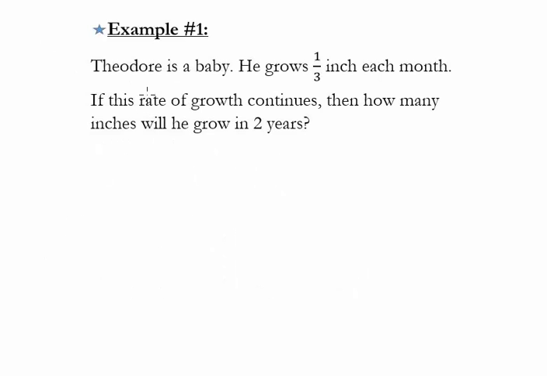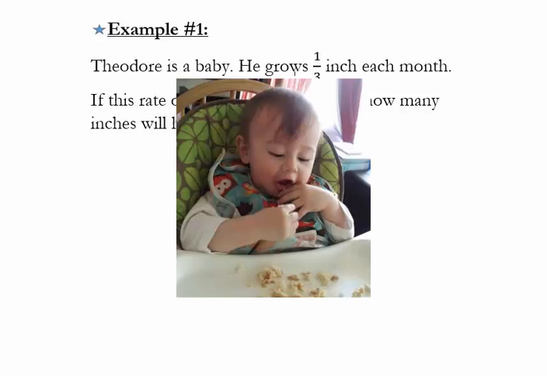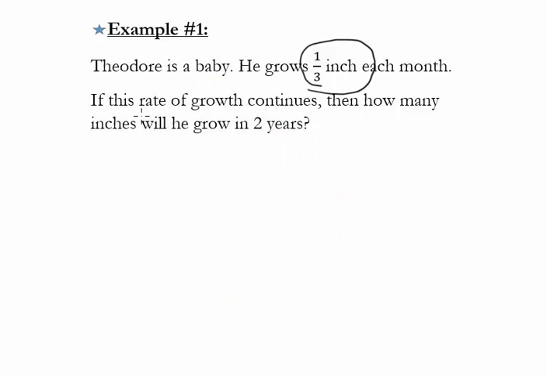Example number 1: Theodore is a baby. He grows 1/3 of an inch every month. If this rate of growth continues, how many inches will he grow in 2 years? We can think about this as: there's 1 month, and at that time, he grows 1/3 of an inch.